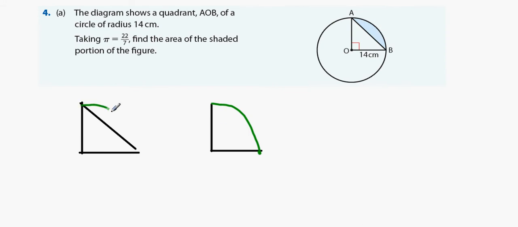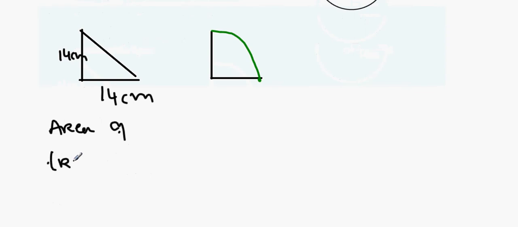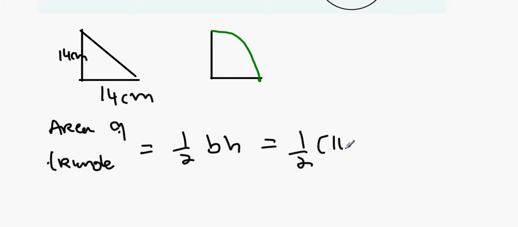So what we do first and foremost is find the area of the triangle. It's going to be a half base by height, 14 by 14, and they're centimeters this time. So area of triangle equals a half base by height, which is a half 14 by 14, which ends up to be 98 centimeters squared.